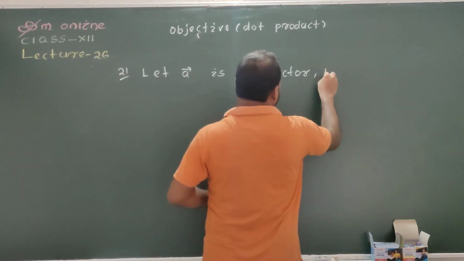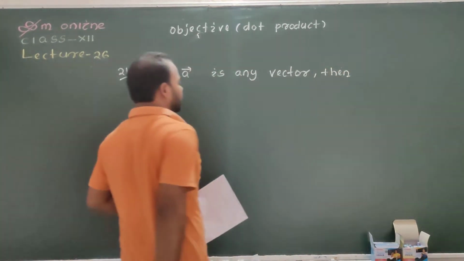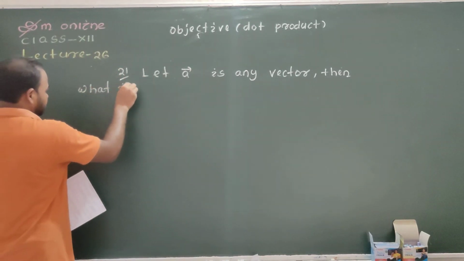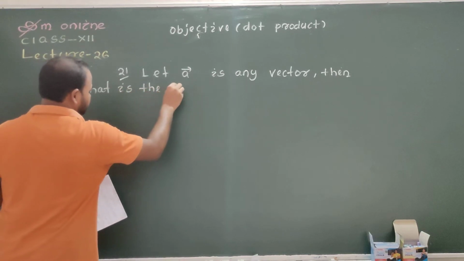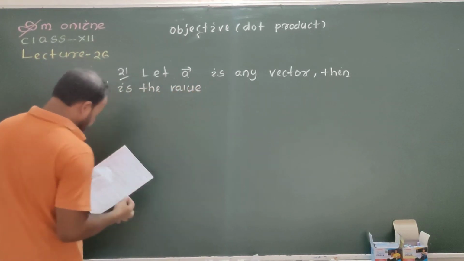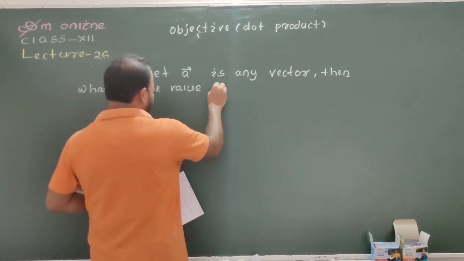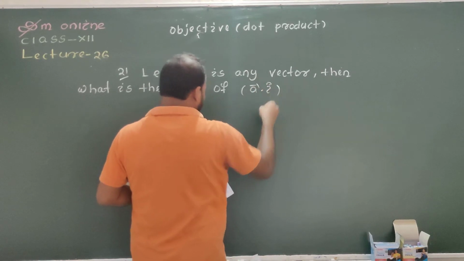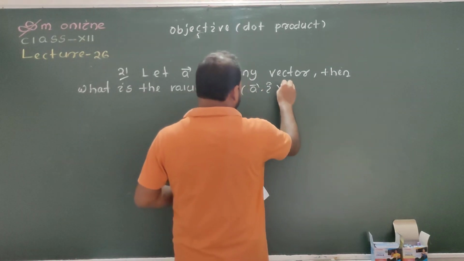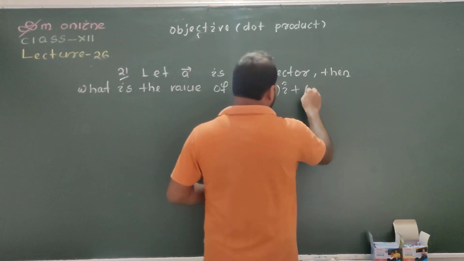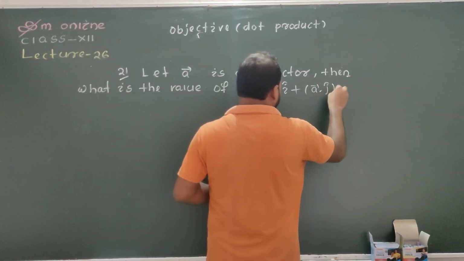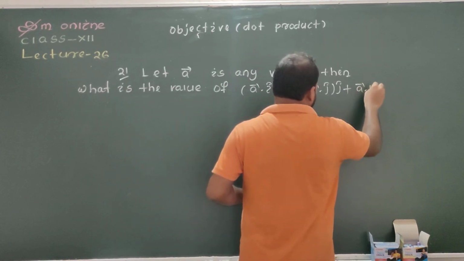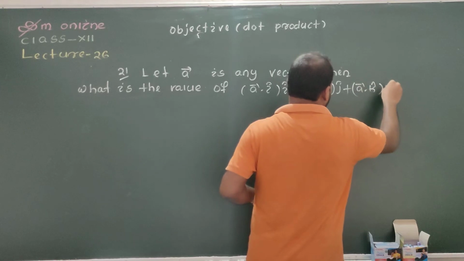Then what is the value of vector A dot I cap into I cap plus vector A dot j cap into j cap plus vector A dot k cap into k cap?